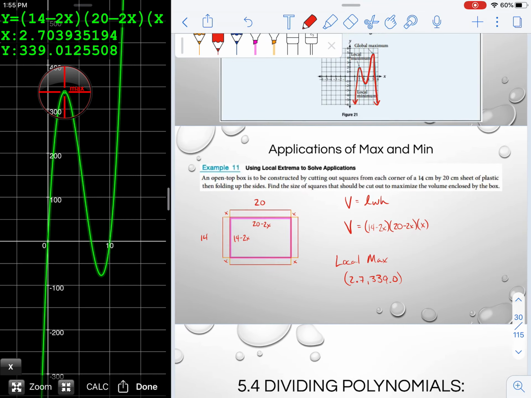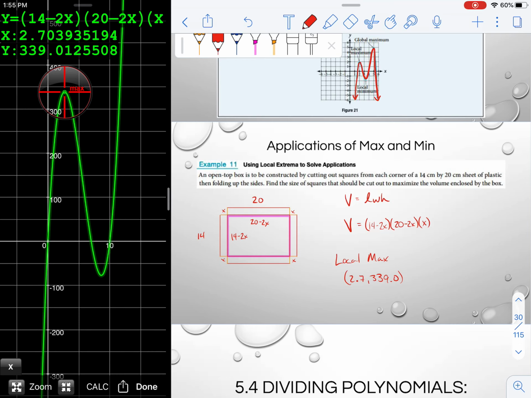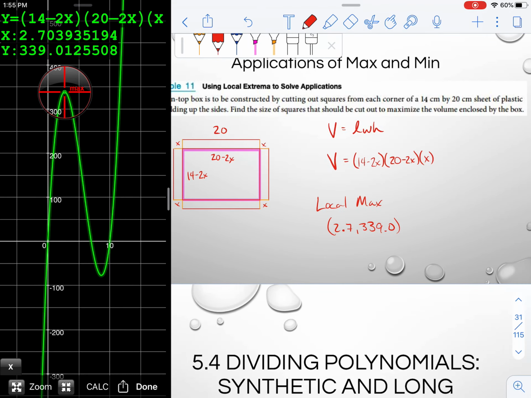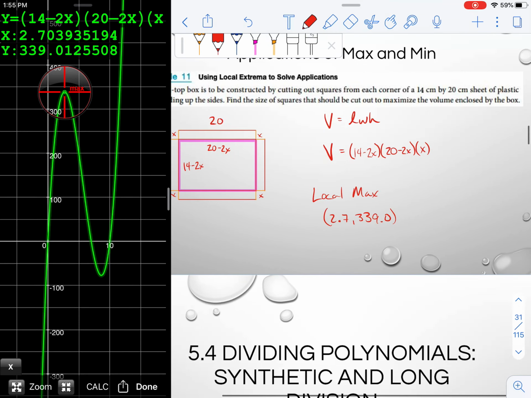Okay, so what this tells me is that I should cut 2.7 centimeter squares to get a max volume of 339 cubic centimeters.